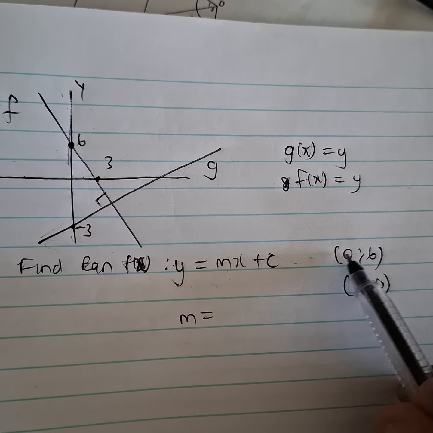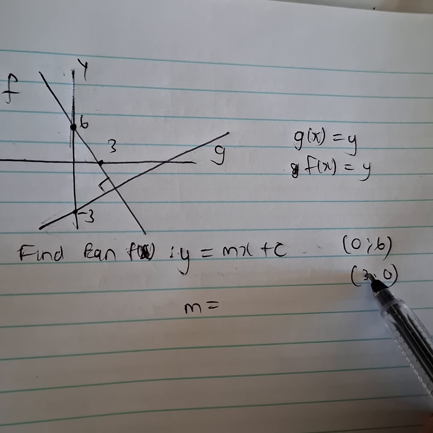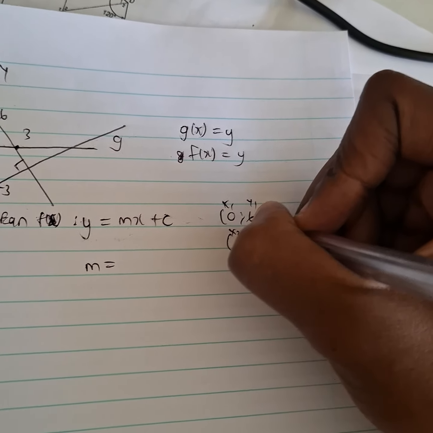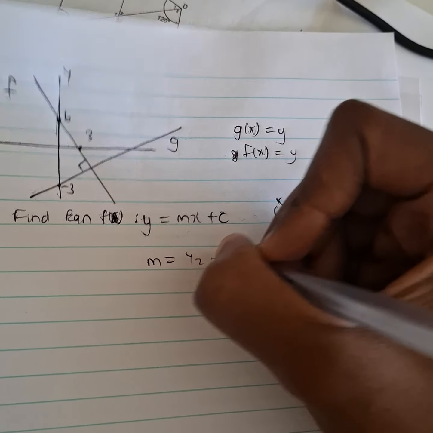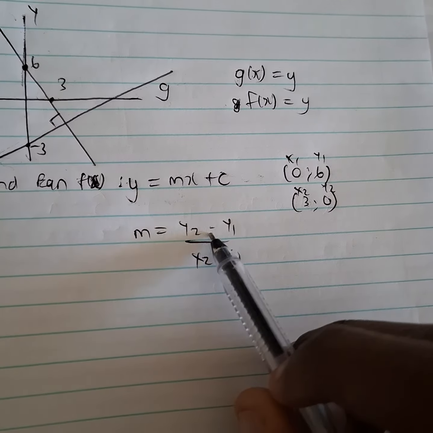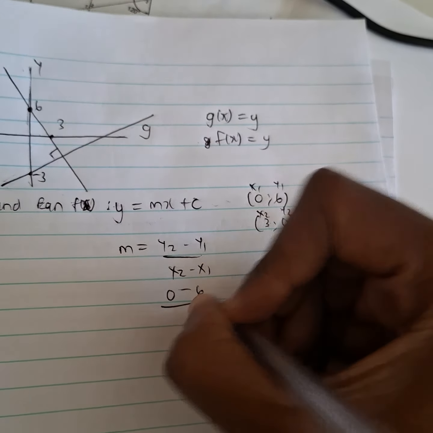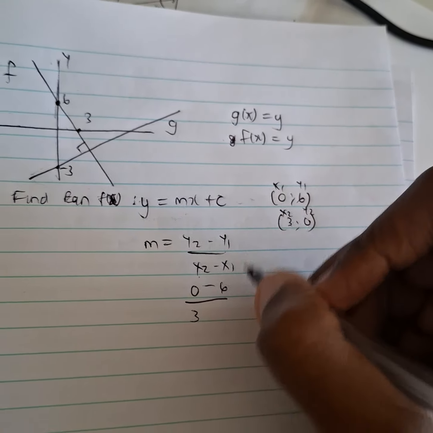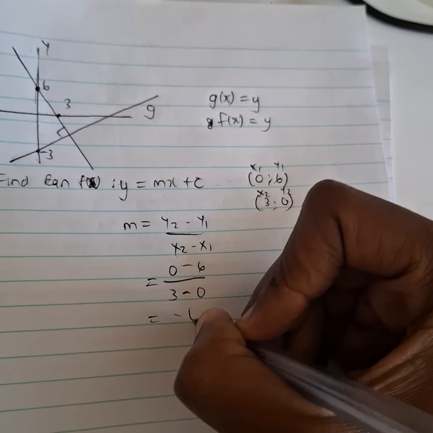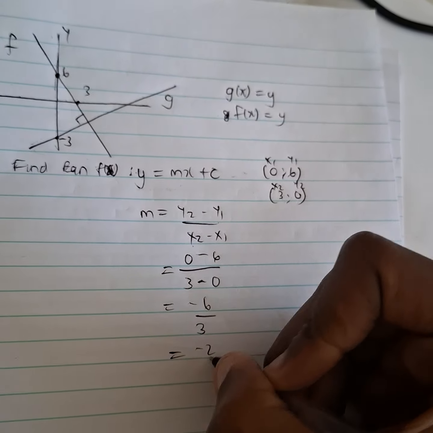Now knowing what the y-intercept and the x-intercept are, we can use these points x1, y1, x2, y2 to find the gradient of the straight line. y2, that's 0, minus y1, that's positive 6, over x2, that's 3, minus x1, that's 0. 0 minus 6 is negative 6, and 3 minus 0 is 3. So I get negative 2.